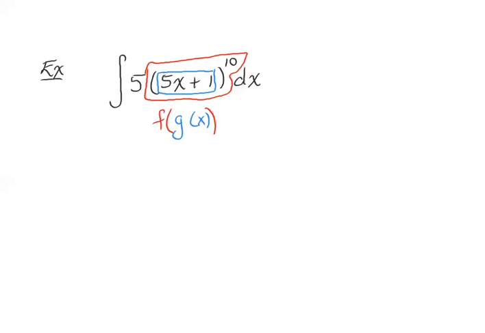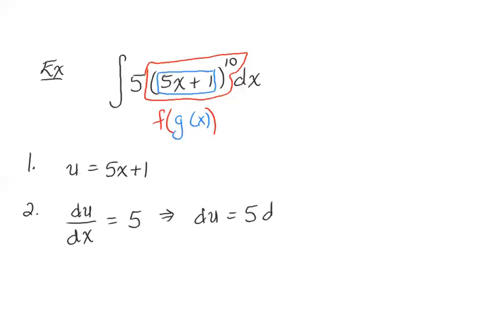So now that I have that, I am going to assign u. I'm going to say u is equal to g of x, which is 5x plus 1. Once I have u, I can find du. du dx is equal to the derivative of 5x plus 1, which is 5, which means that du is equal to 5 times dx.